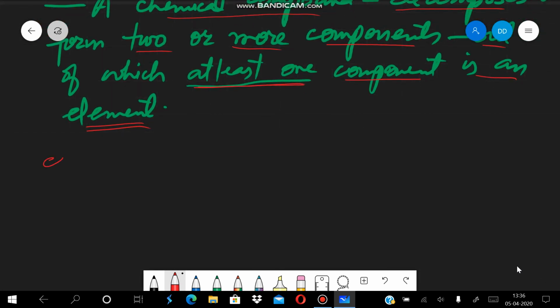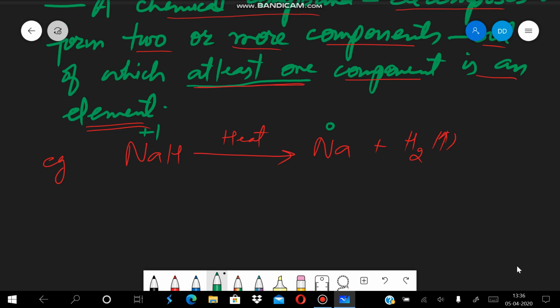For example, when sodium hydride is heated, we get sodium and dihydrogen gas as the product. And in this case, the oxidation number of sodium decreases and the oxidation number of hydrogen increases.